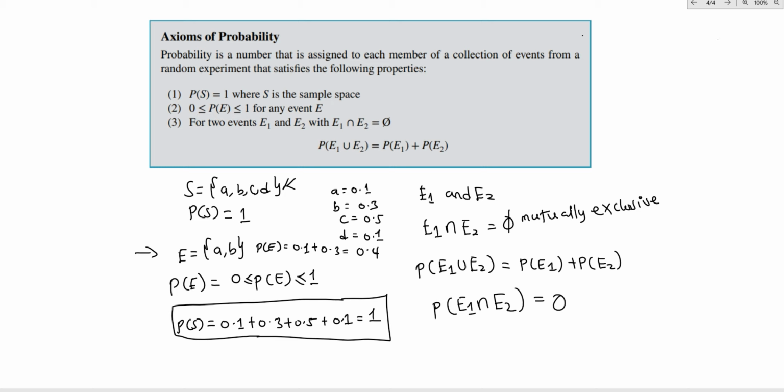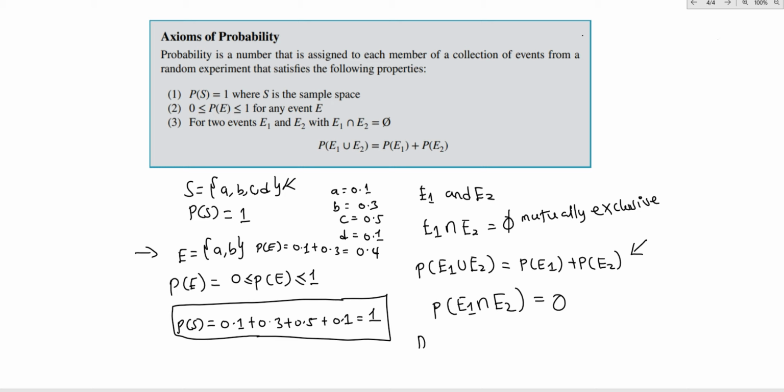Because there is no common outcome between them. You are not going to get probability values for that empty set because the set is empty. So how can you take a probability of an empty set? So for that reason, you are going to get 0 for the probability of E1 and E2 if they are mutually exclusive.